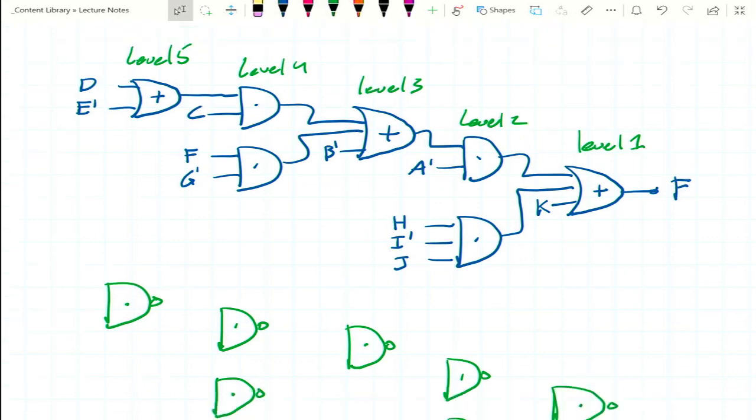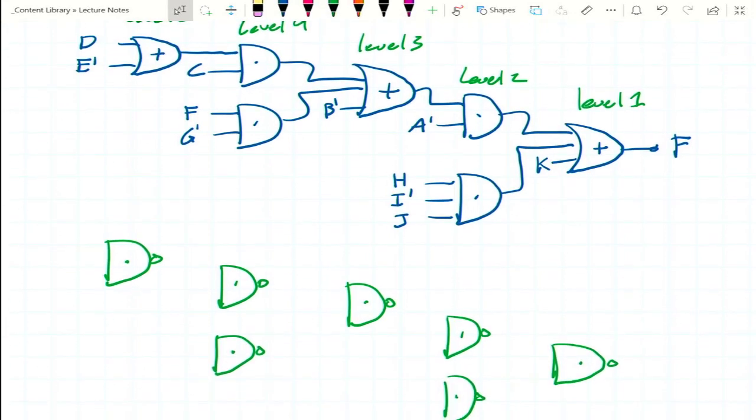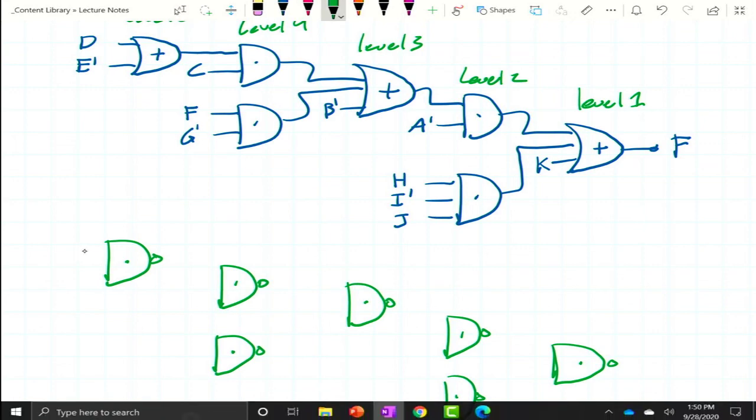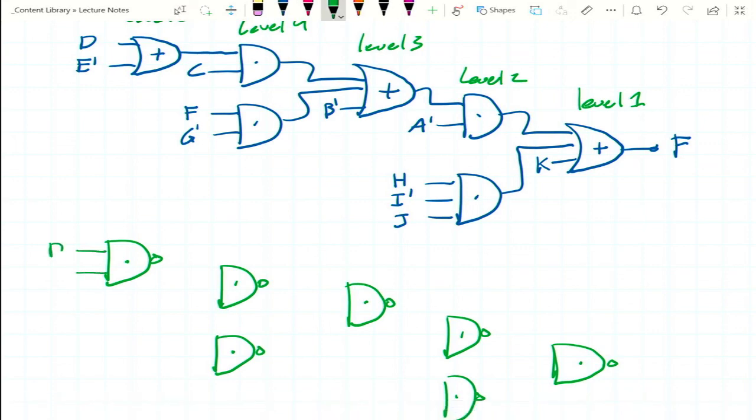So starting at the back end at level 5, 5 is an odd numbered level. So that means our inputs, D and E prime, since they are single literals, will be converted to D prime and E. Now that NAND gate will feed into this guy, which has 2 inputs. And since this is level 4, which is an even numbered level, those will stay the same. Those will remain C, F, and G prime. And they feed into this NAND gate.